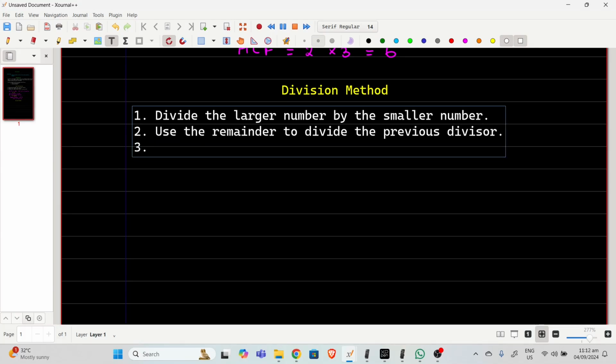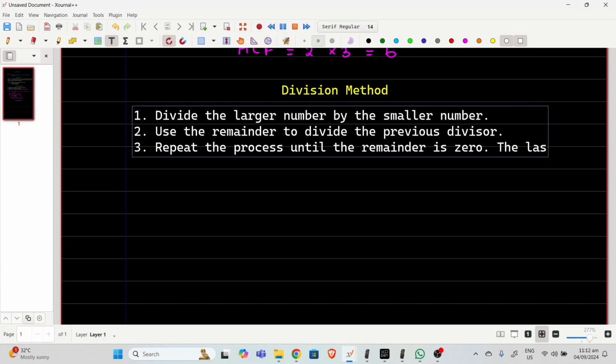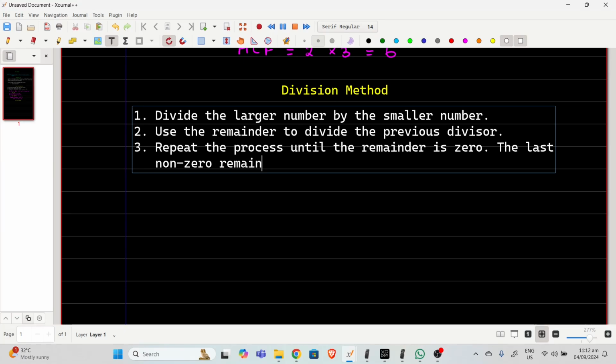And third, we repeat the process until the remainder is 0, and the last non-zero remainder is the HCF. Right?